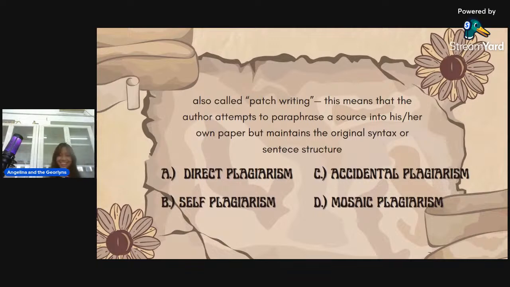The one I compared, guys. What is that? You know, keyword: paraphrase. Let us see. Mosaic plagiarism.